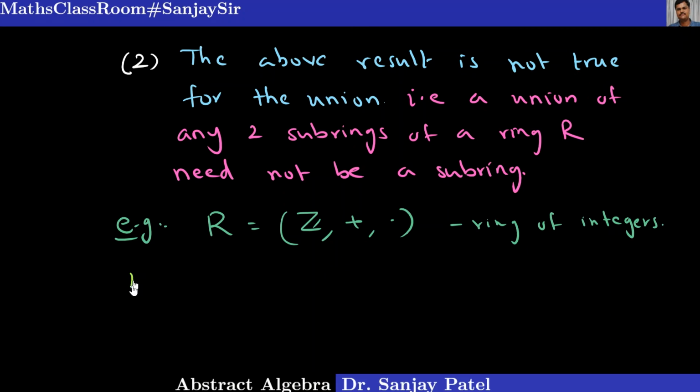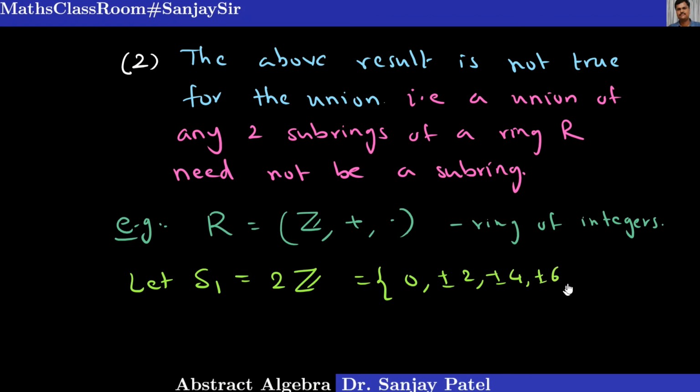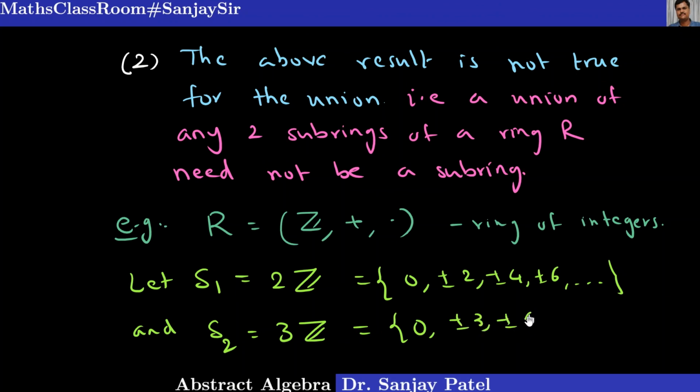So let us take S1 equal to 2Z, that is 0, plus or minus 2, plus or minus 4, plus or minus 6 and so on. Okay, and S2 I am taking as 3Z, that is 0, plus or minus 3, plus or minus 6, plus or minus 9 and so on.